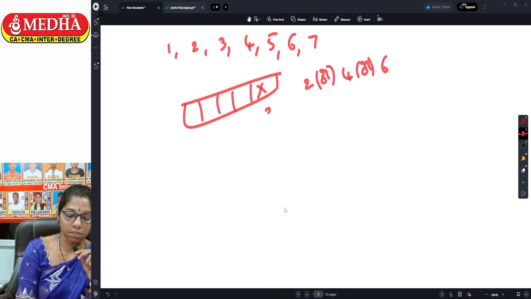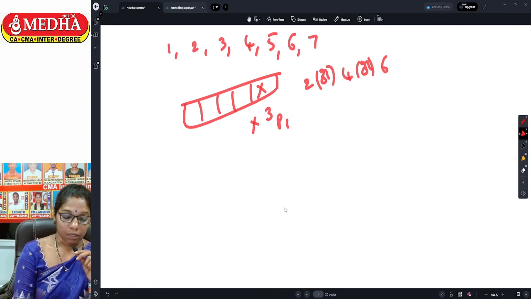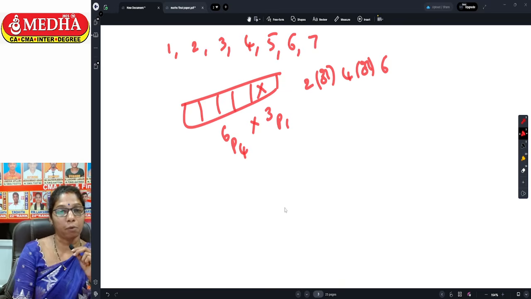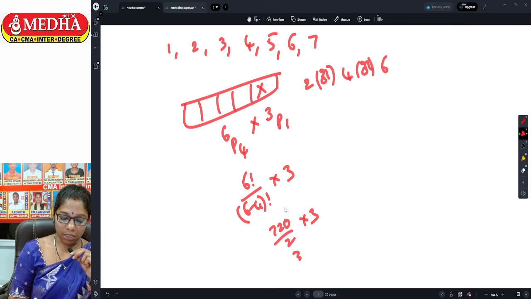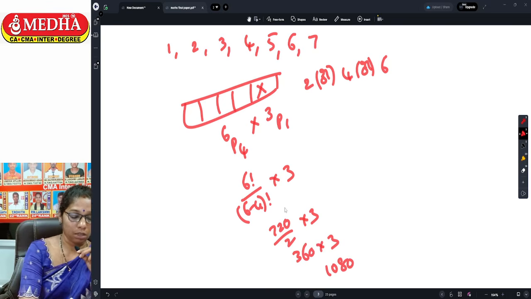This can be done in 3P1 ways. Now out of the remaining 6 digits, we have to arrange 4 digits, and that is 6P4. By the multiplication principle, if the first operation can be done in m ways and the second in n ways, together it is mn ways. So 6 factorial by (6 minus 4) factorial into 3. That is 720 by 2 into 3, which is 360 into 3, equal to 1080. 1080 is the solution.